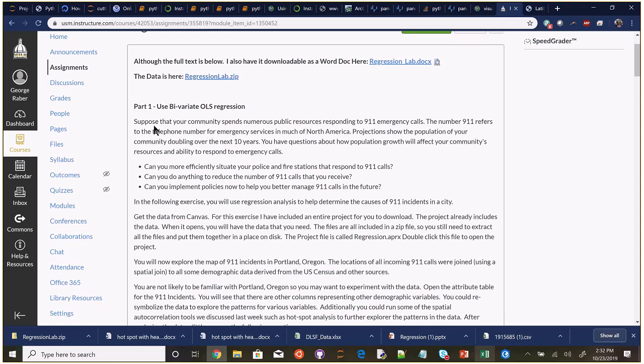So you're basically a community, which in this case is Portland, Oregon, and you spend numerous public resources responding to 911 emergency calls. And projections show that this is going to double over the next 10 years. We want to know how that population growth is going to affect our resources and ability to respond to emergency calls.